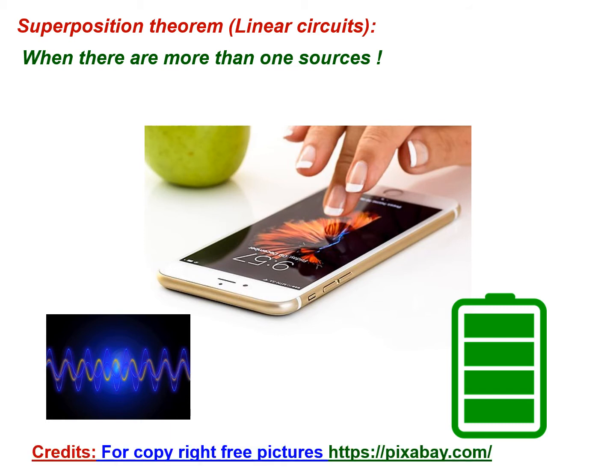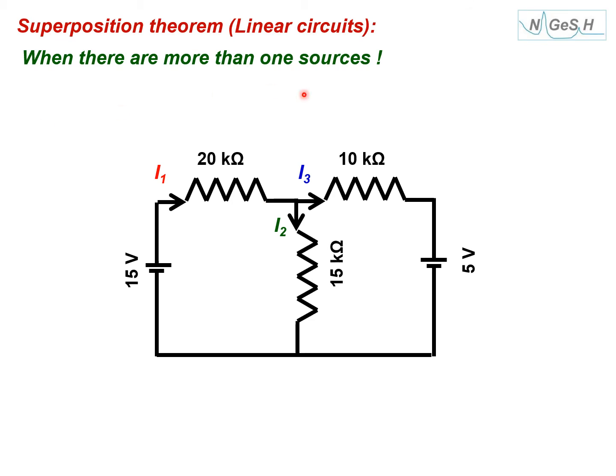It is the most basic theorem based on the superposition of charges. But we are not going into details, and we are going to see the technique and how to apply it for a given circuit. Now, we'll start with an example, and I will try to give some kind of statement.